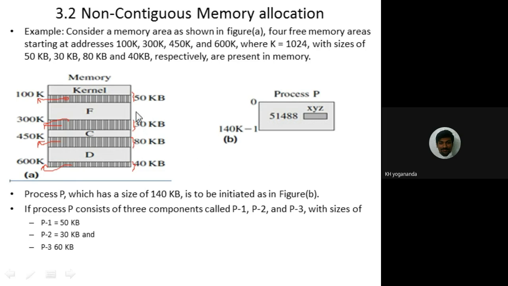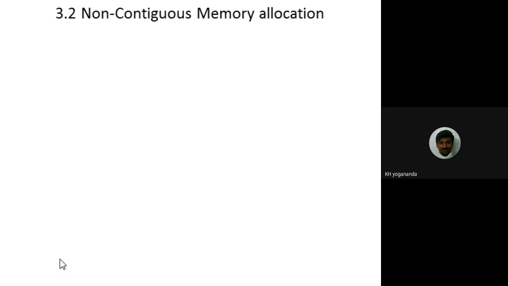So we have 50 kb, 30 kb, 80 kb, and 40 kb free memory areas. We need to use these and allocate space for this process. So we divide process P, which has 140 kb size, into three components, P1, P2, and P3, where P1 size is 50 kb, P2 size is 30 kb, and P3 size is 60 kb.